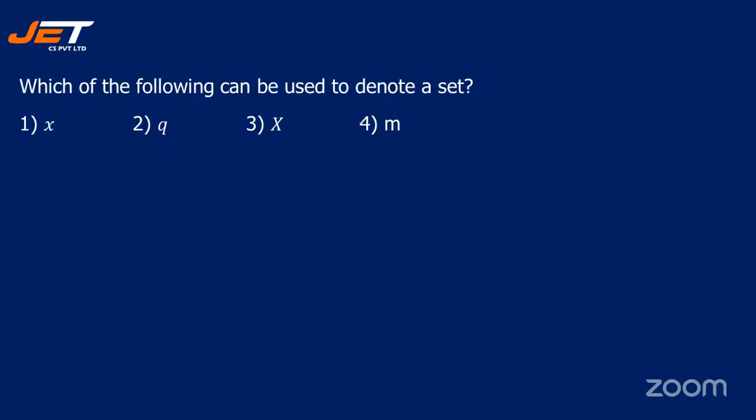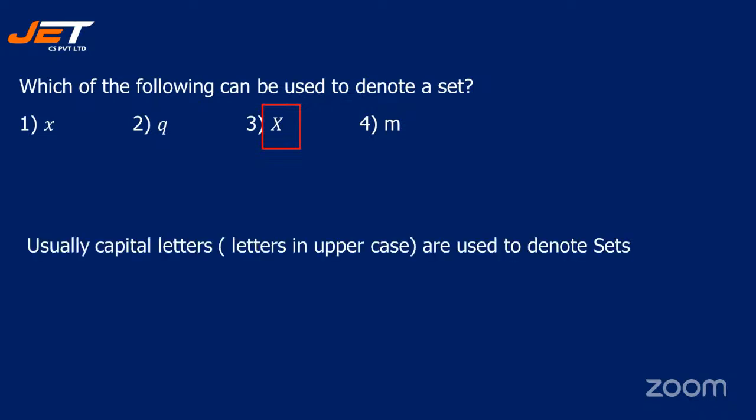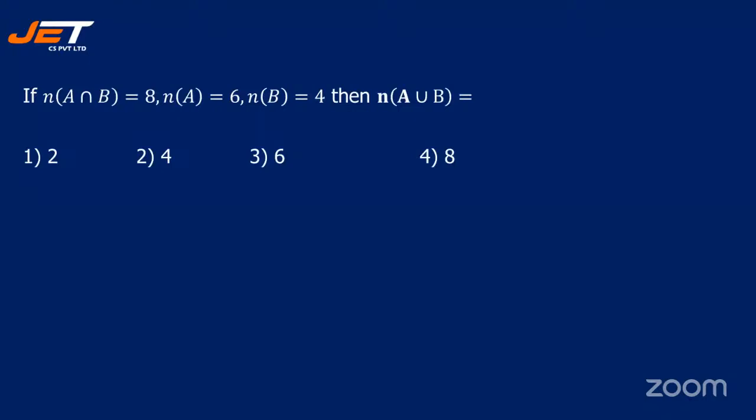Obviously, it should be capital X, isn't it? So we usually write x such that x is an element in the set, isn't it? So we use the capital X. So usually capital letters in uppercase are used to denote sets. All right. Now let's see the next question.